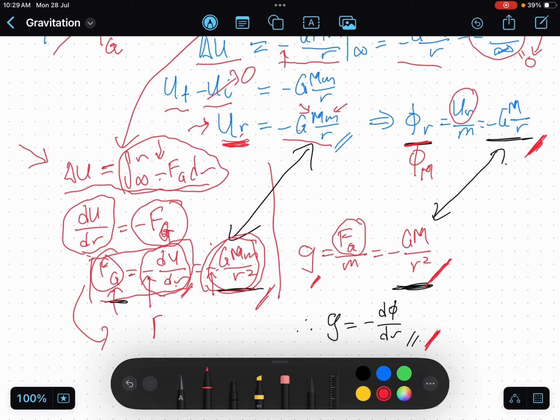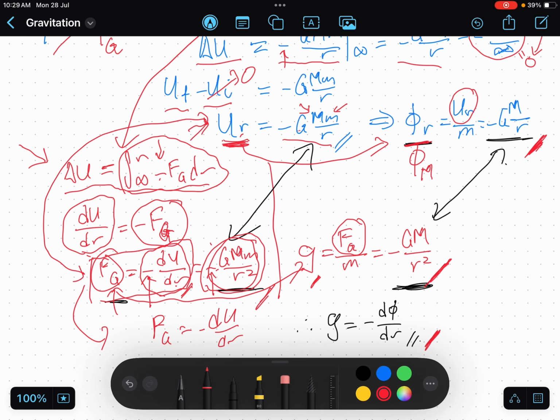This is Fg equal to minus dU dr, which is unsurprising because the relationship between this is just divided by m, and the relationship between this is also just divided by m. So if these two, which are potential energy and force, are related by this formula, I would expect that their proxies, which are this one and this one, will be related by the same formula.